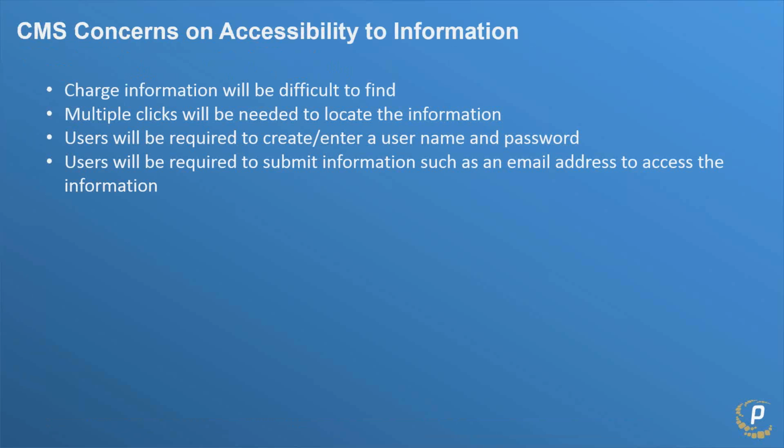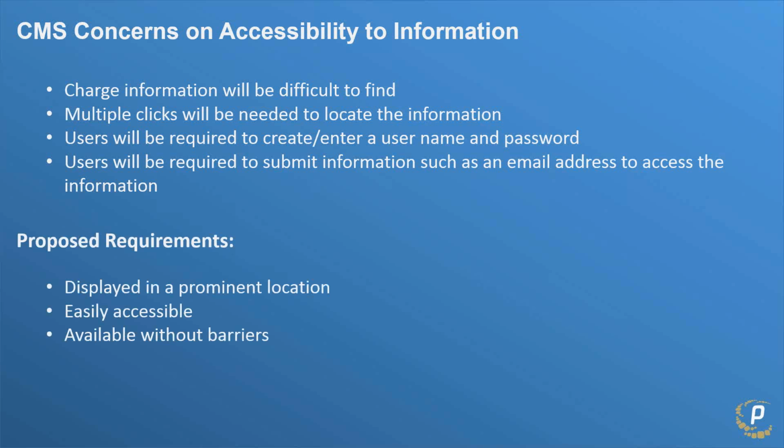Now, similar to CMS's guidelines, with the additional data elements that need to be in the list of standard prices, CMS also provided additional guidance with where and how this information needs to be made available. It can't be hidden or buried on your website, but CMS has defined that it needs to be displayed prominently. It also can't have various requirements to get to the data.